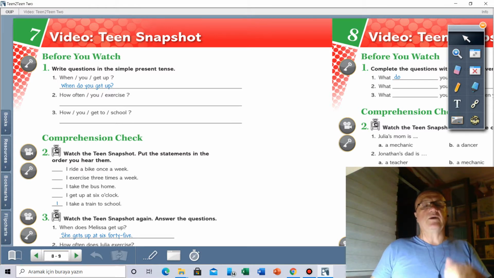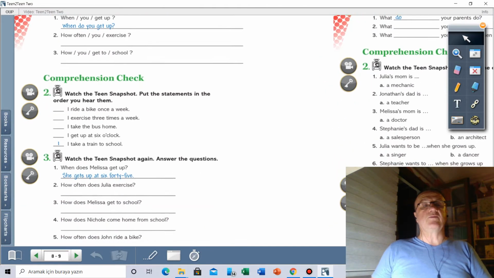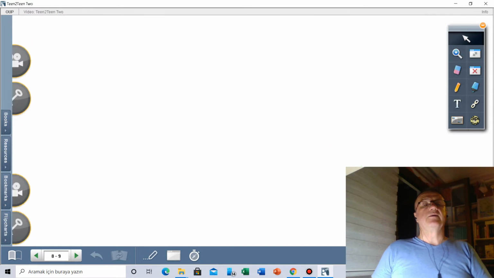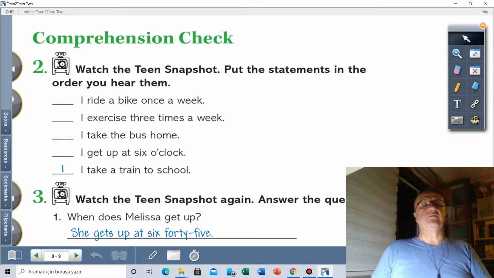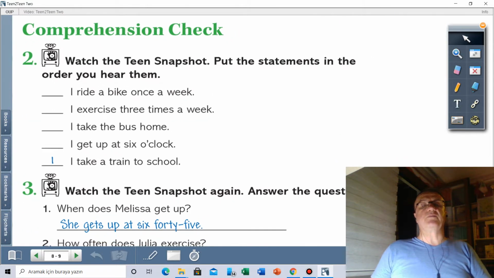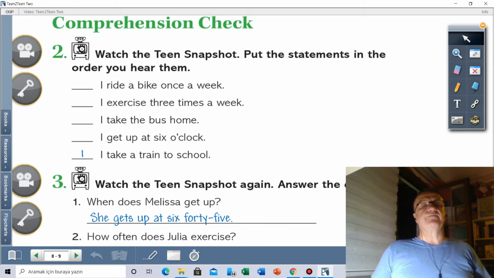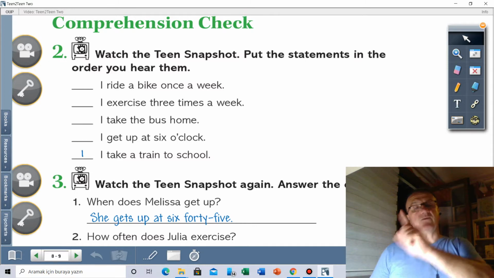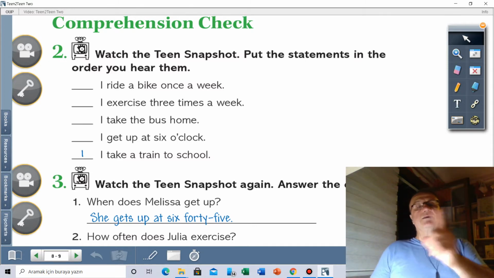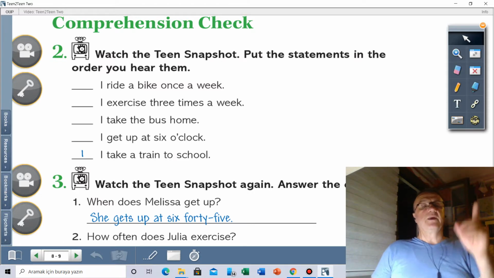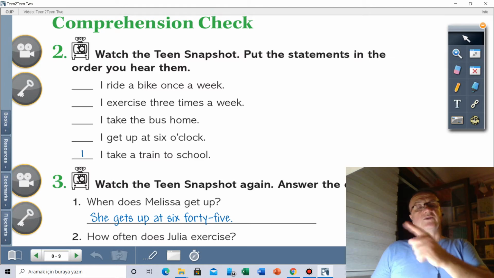And while you are watching the video, please look at the comprehension check. Here we see, watch the Teen Snapshot, put the statements in the order you hear them. I ride a bike once a week. I exercise 3 times a week. I take the bus home. I get up at 6 o'clock. I take a train to school.